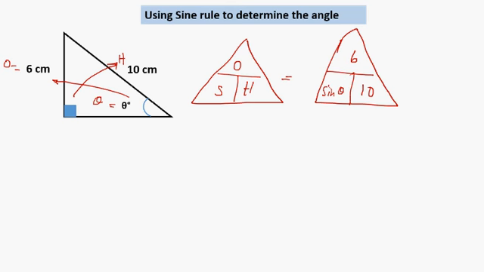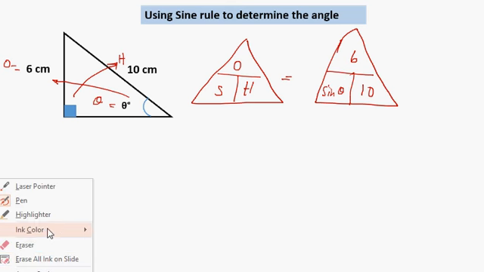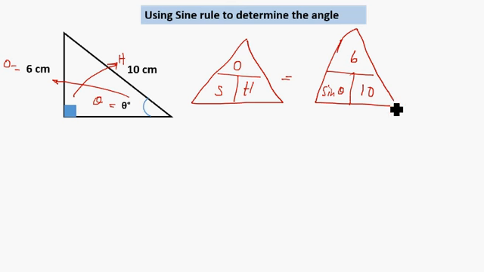What you need to do is you have to divide 6 by 10. At the same time you will have to do sine inverse, so angle here is equal to sine inverse of 6 over 10.